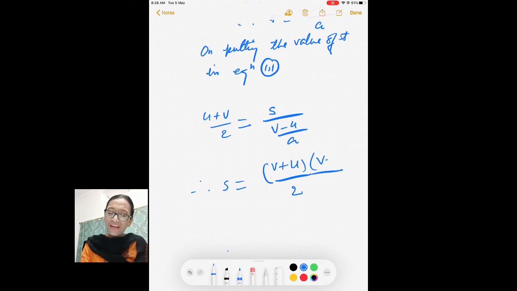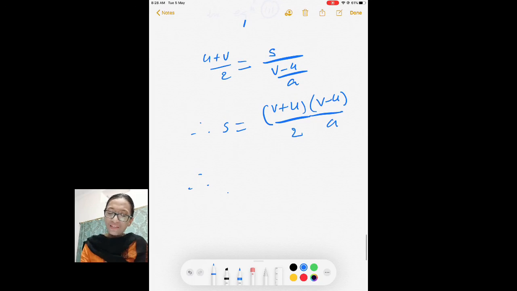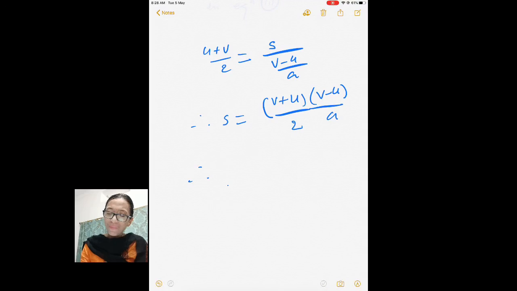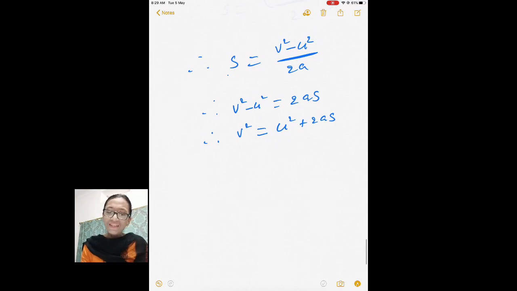And you know that a plus b into a minus b happens to be a square minus b square, so v square minus u square upon 2a is s. Therefore, v square minus u square is equal to 2as, and therefore v square is equal to u square plus 2as. This is Newton's third equation of motion.